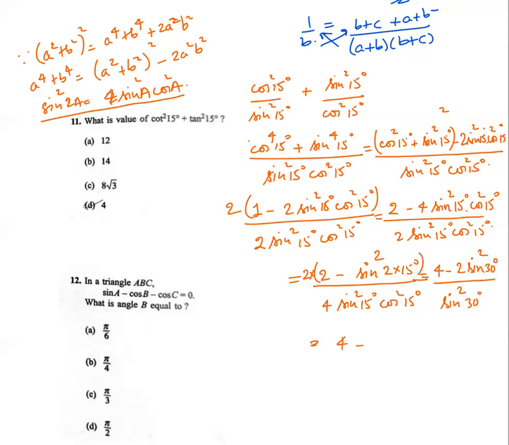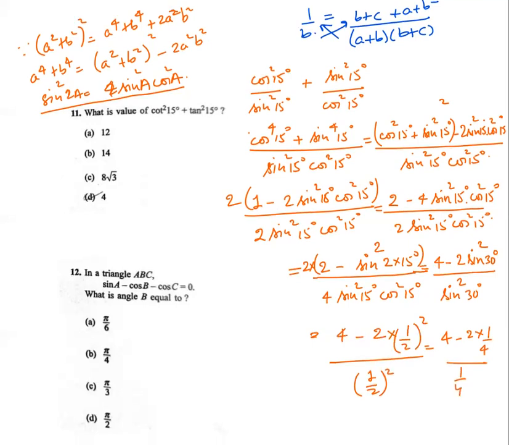So we finally have 4 minus 2 into sine 30 is 1 by 2. So 1 by 2 whole square divided by 1 by 2 whole square. So this thing is 4 minus 2 into 1 by 4, whole thing divided by 1 by 4.